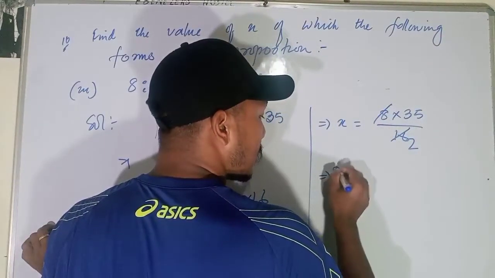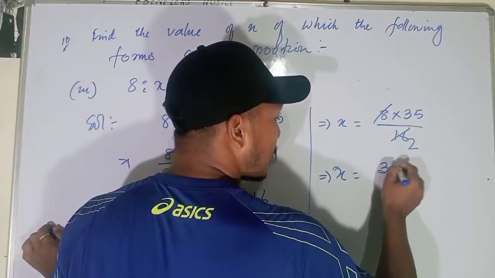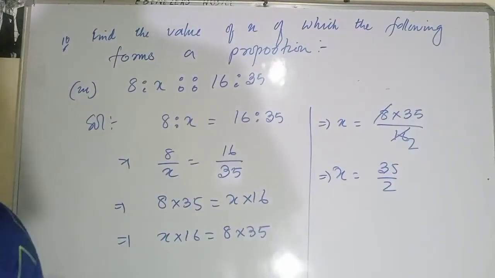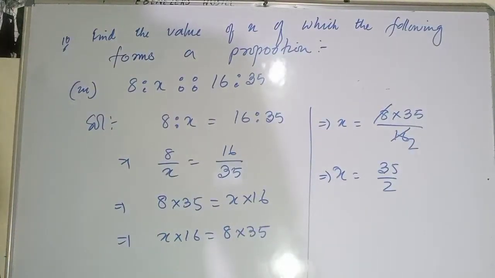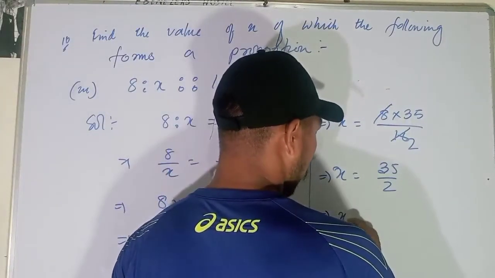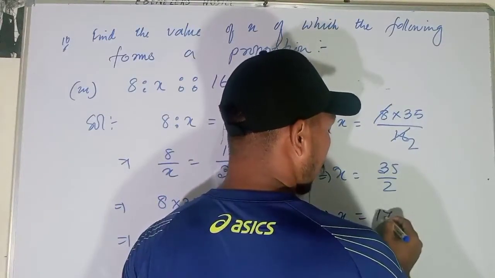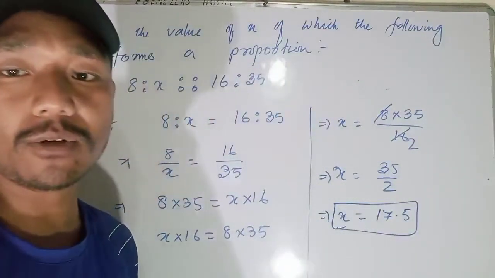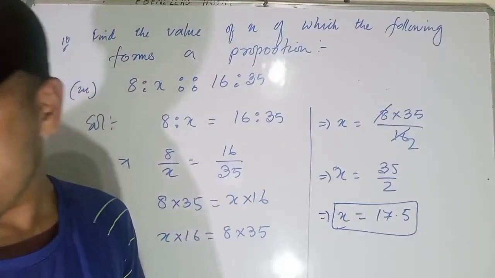So x is equal to 35 by 2. We can divide this one. So x is equal to 2 1s are 2, 2 7s are 14.5. What is the value of x? The value of x is equal to 17.5. I think you're clear about this one.